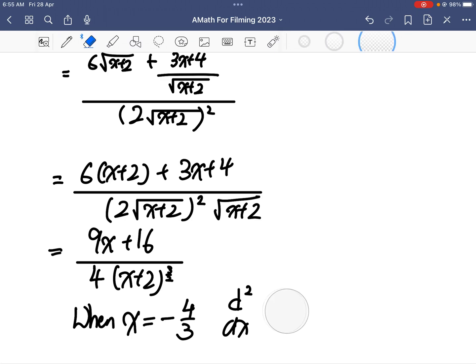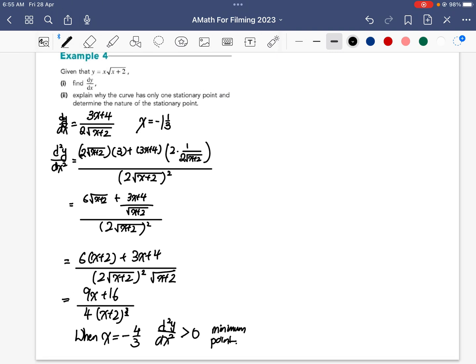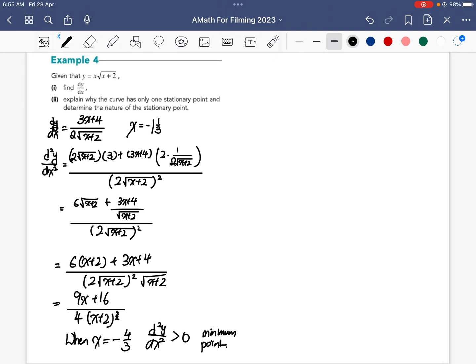You can just write down that this value is positive. If the second differential is greater than 0, then this implies that this is a minimum point. That is it for example 4.